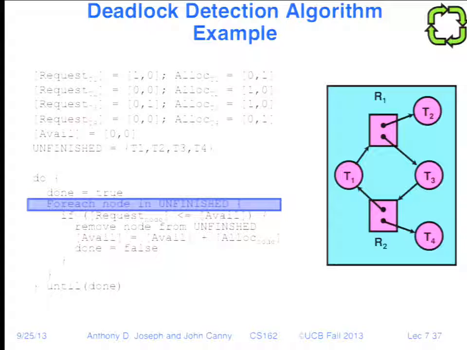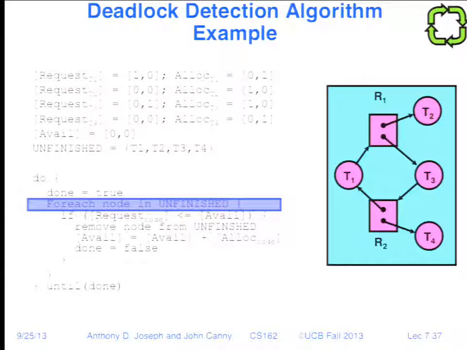All right, so here's our collection of objects again. So there are 2 resources, so each vector is a vector of 2 elements. So this is the count of resource number 1 that thread 1 is requesting, and this is the count of resource number 2 that thread 1 is requesting. All right?